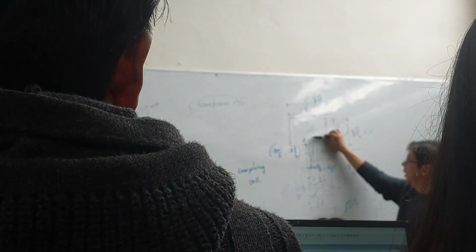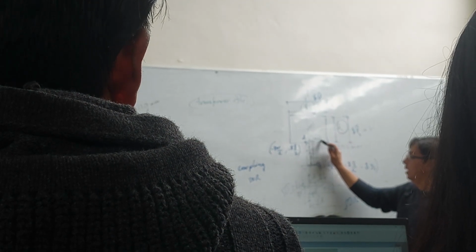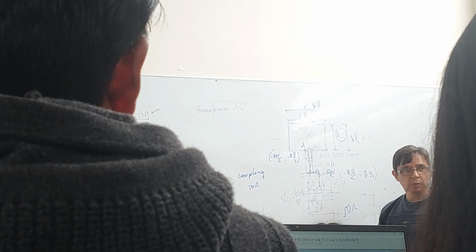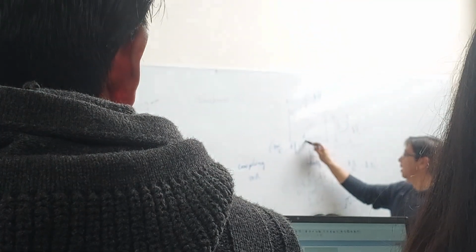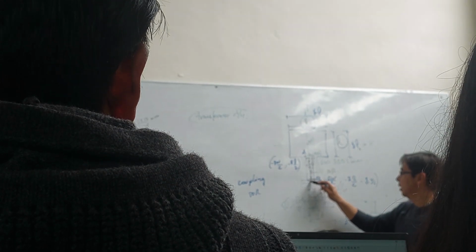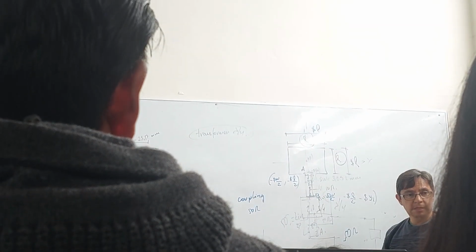But in Y we go down until minus L divided by 2. And we need to put exactly at this height the transmission line.